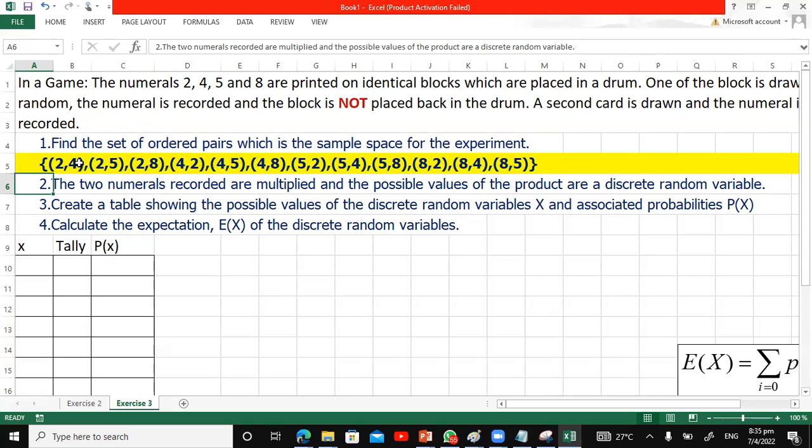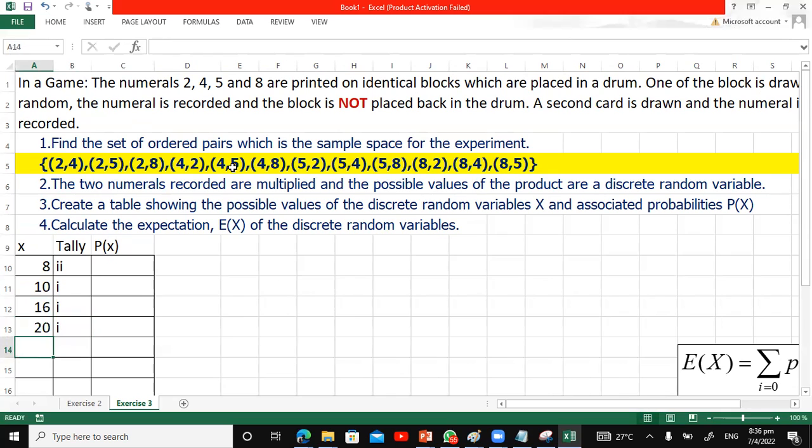So it's going to be 2 times 4, it's going to be 8. So far we have 1, 8. 2 times 5, that's 10. We have 1, 10. 2 times 8, that's 16. 1, 16. 4 times 2, that's 8. So we have a second 8. 4 times 5, 20.